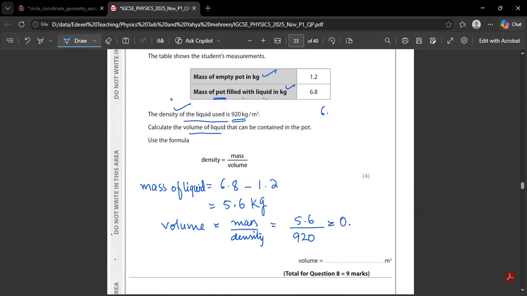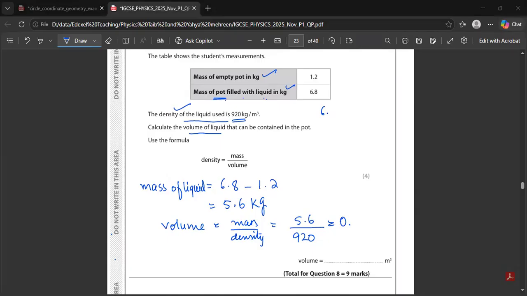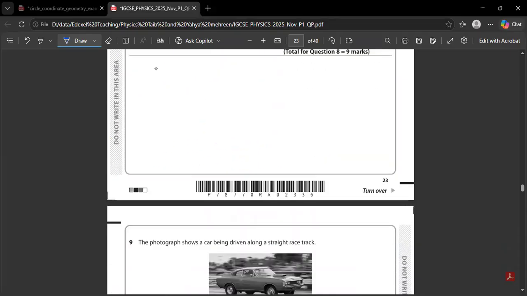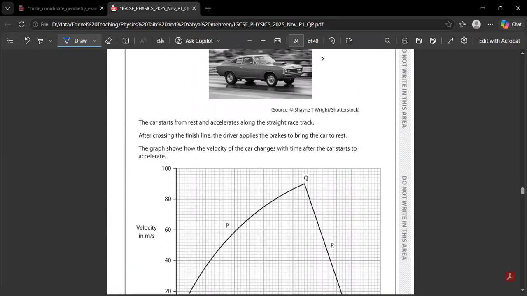Yes, 0.00609. So we can write it as 0.0061. Thank you, Thai. Thank you, Marine, as well. All right, so it's done.